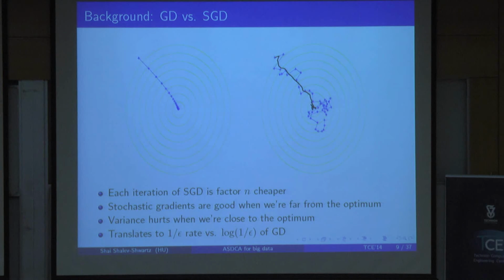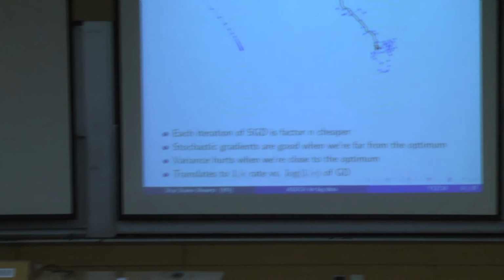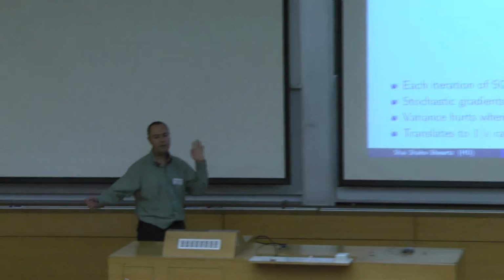What we can see here is that at the beginning of the process, it actually makes a lot of sense to do stochastic gradient descent, because we go to the right place, and we're far enough from the optimum that it doesn't really matter if we take exact steps according to the gradient or approximate steps. We go to the right region anyway.